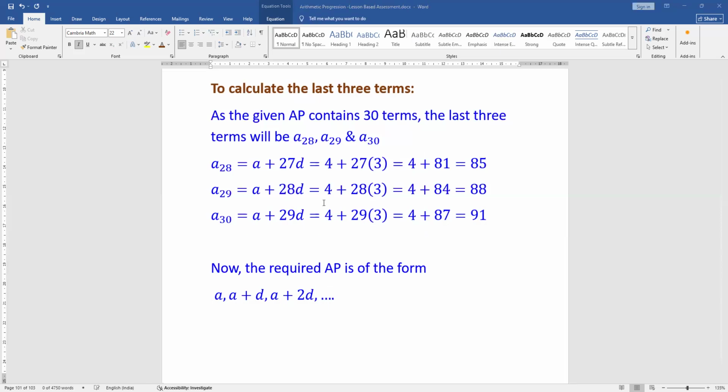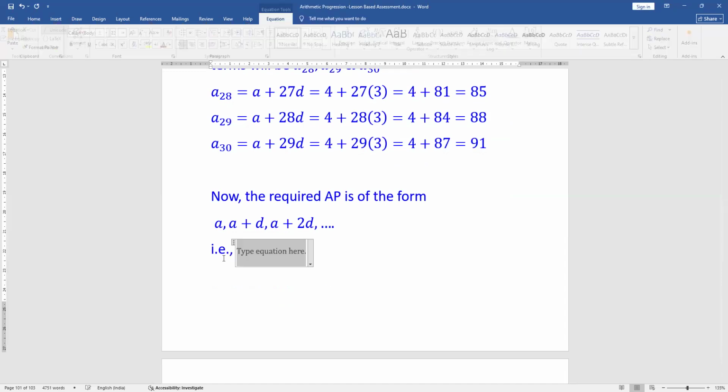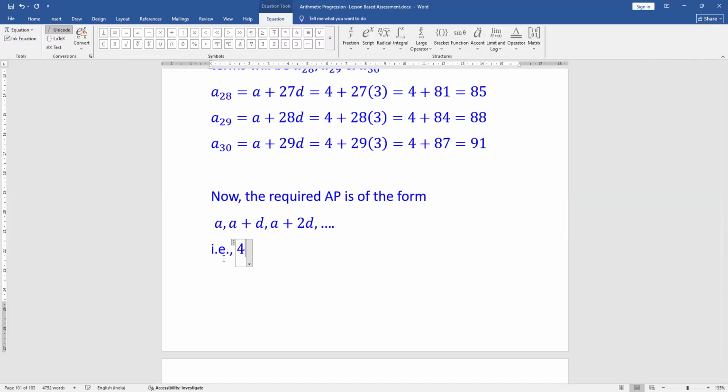So here we have 4, then 4 plus 3, because A plus D is 4 plus 3, comma, 4 plus 2 into 3, dot dot dot like that.